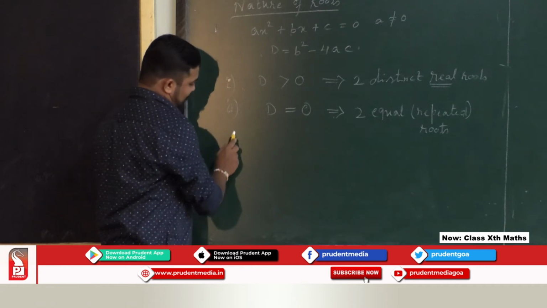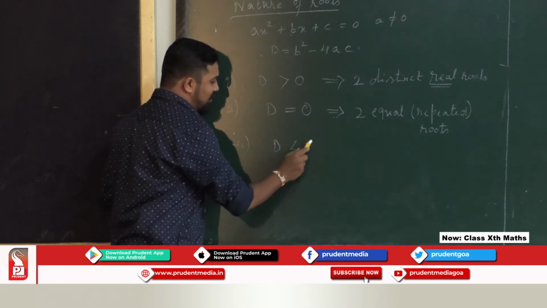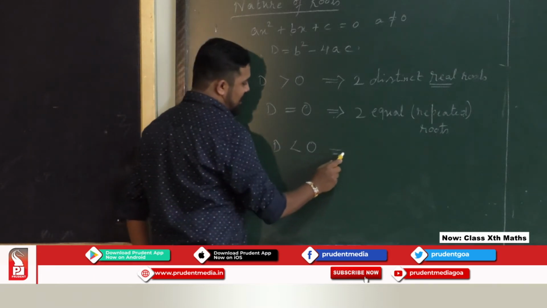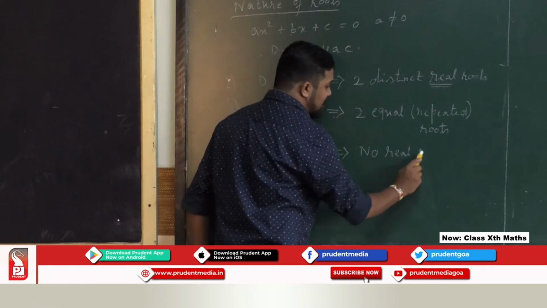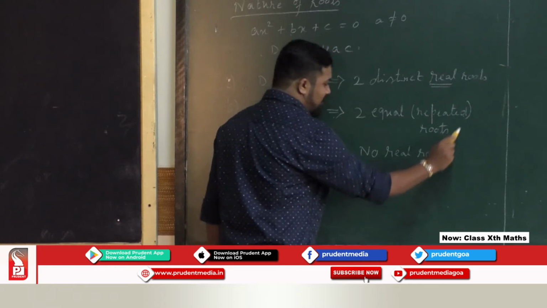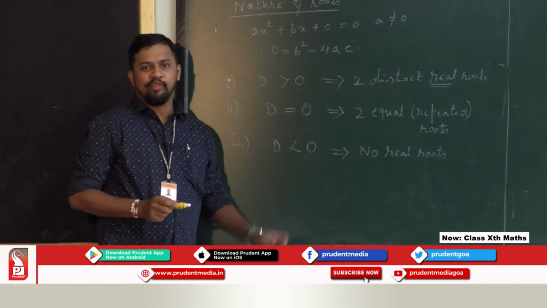And third will be d less than 0. No real roots. See, these are the three things or nature of the roots.